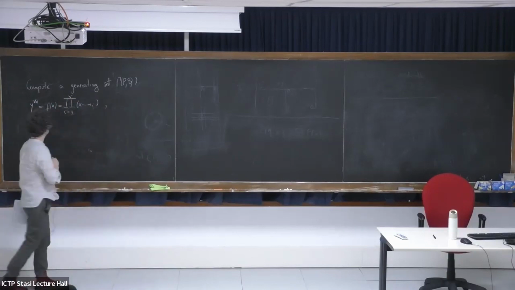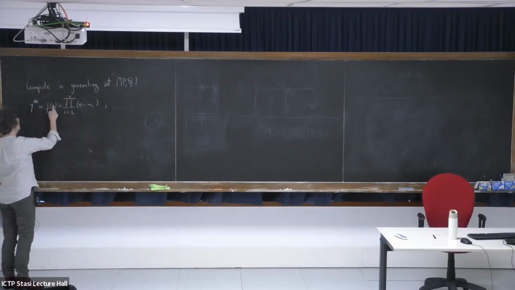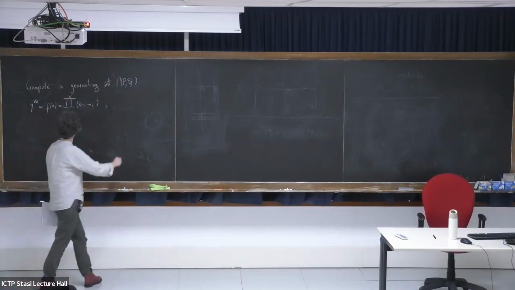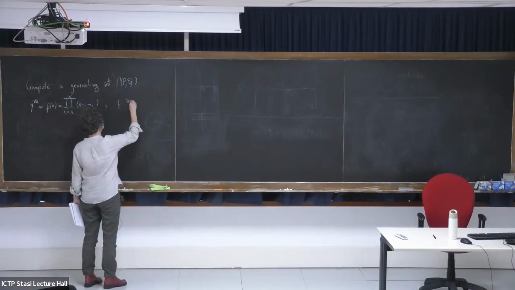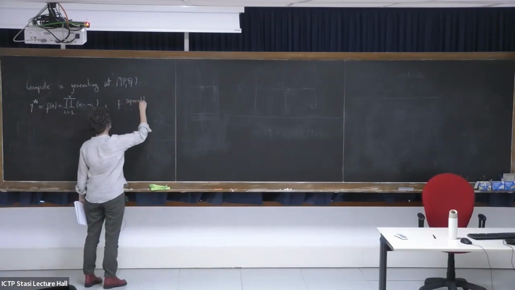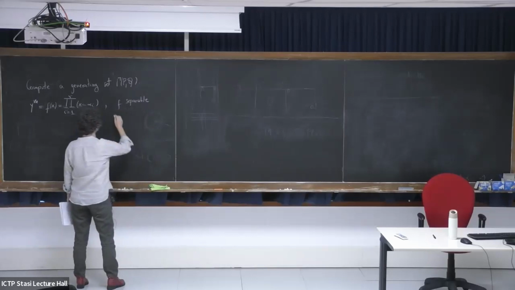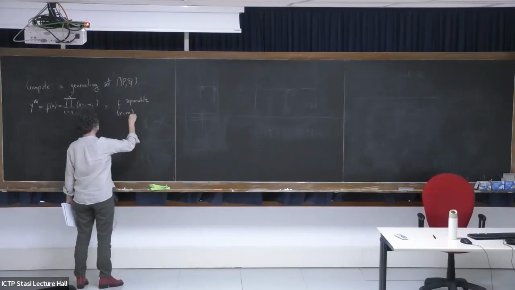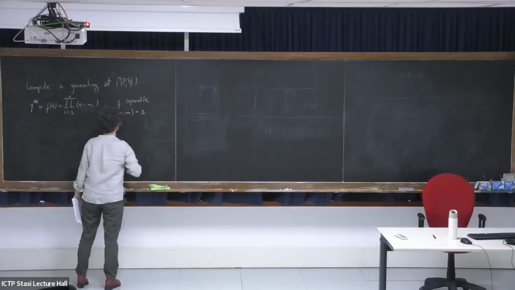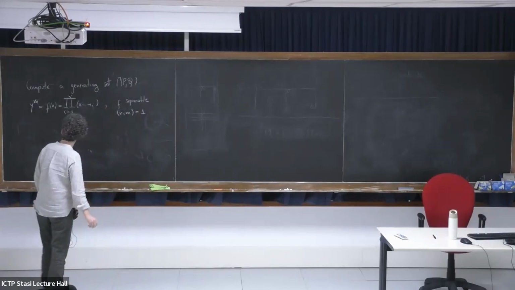And we ask that the degree of f and m are coprime, that is, the GCD between r and m is 1.